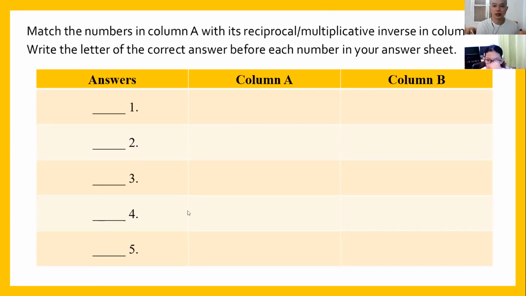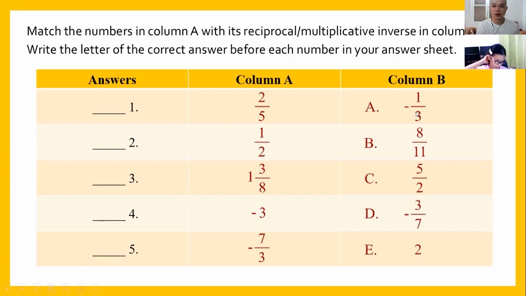All right. Okay, let's see. Write your answer in your whiteboard, please. You know what to do? You're going to match. Just write A, B, C, D, E, okay? So for example, in number 1, it's 2 over 5. What is the reciprocal?